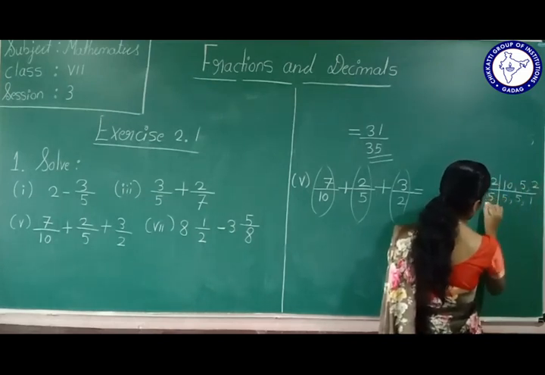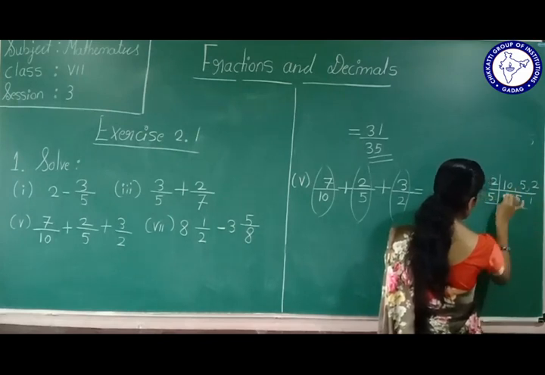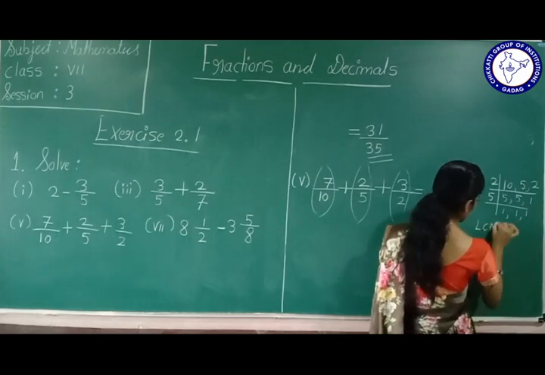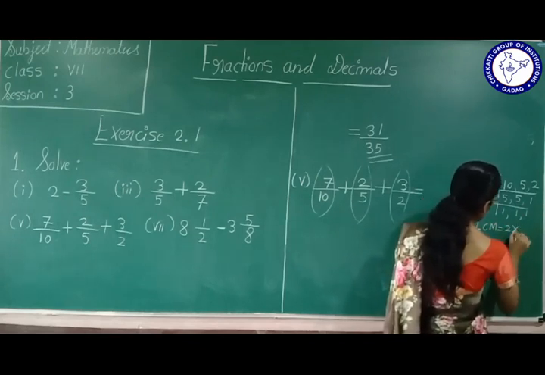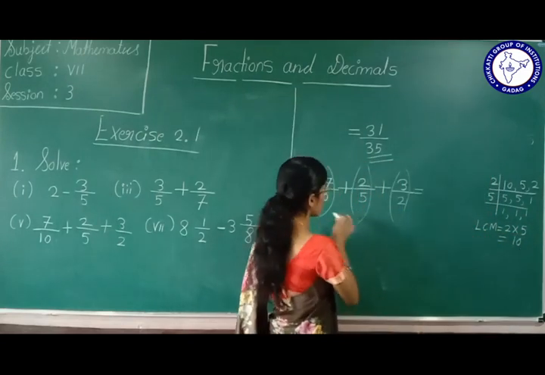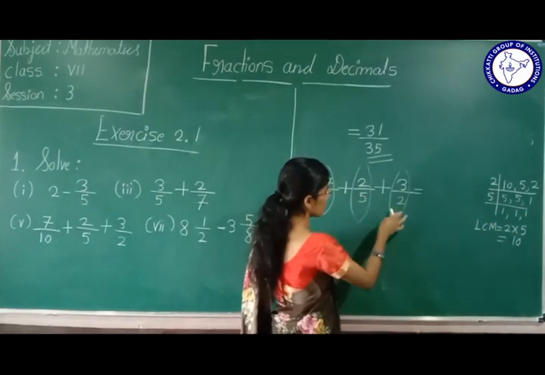Now we will take 5. 5 1s are 5. LCM is equal to 2 into 5 is 10. The LCM of 10, 5 and 2 is 10.